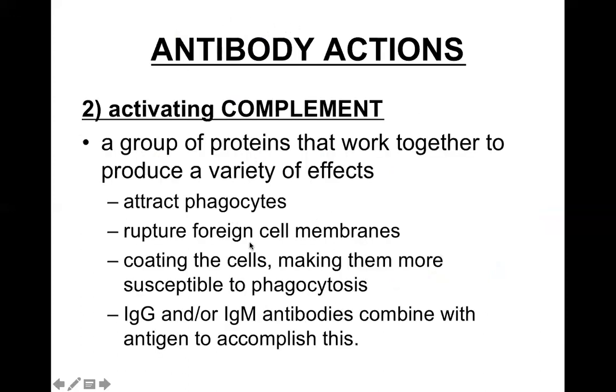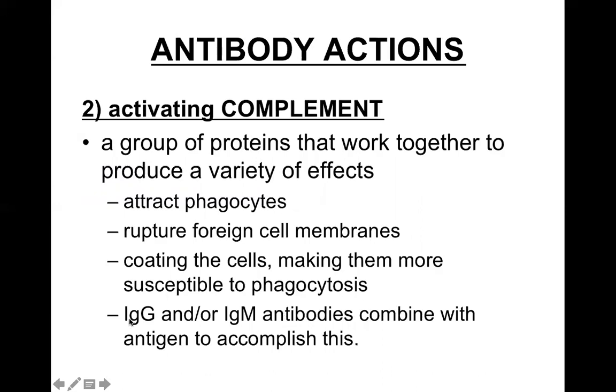The second way would be this two-step process of activating a complement, and IgG and IgM are usually the ones involved with this, and these are the ones we see most active in people with COVID-19 too. When you take that antibody test for COVID-19, you're looking for these two specifically.